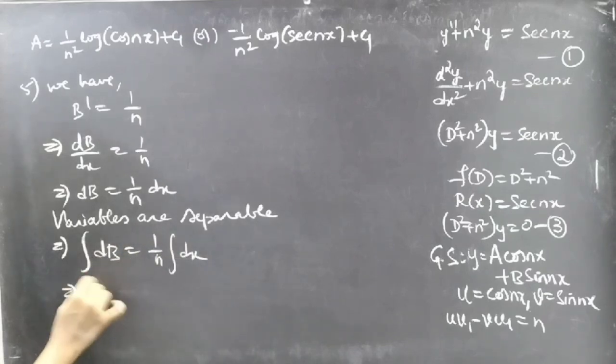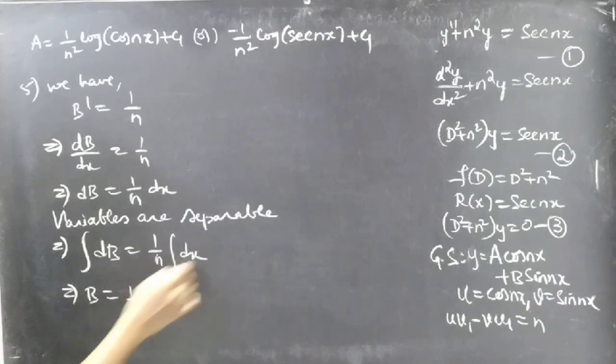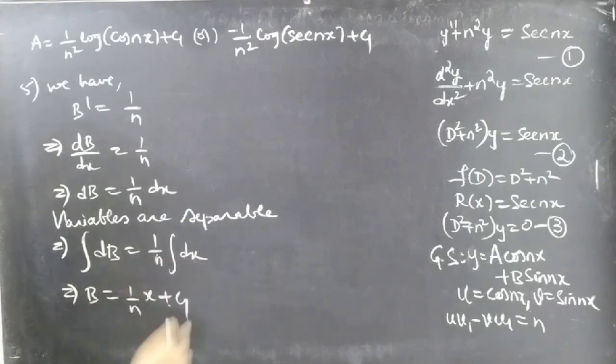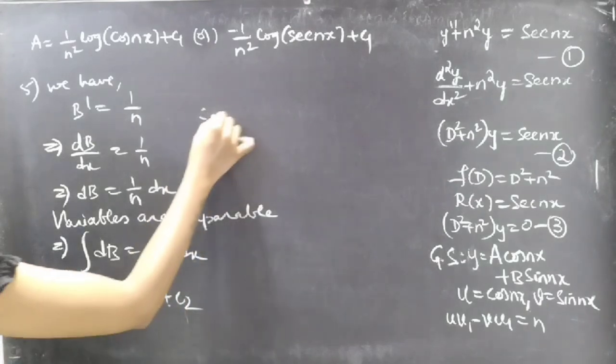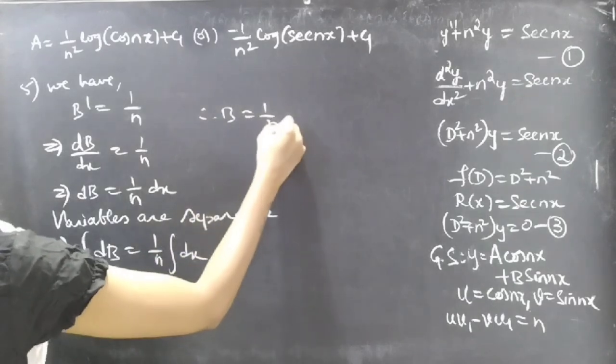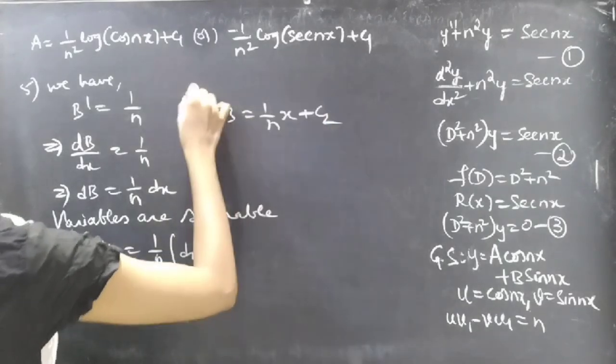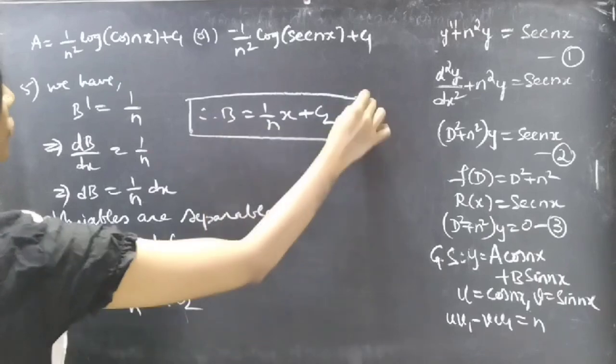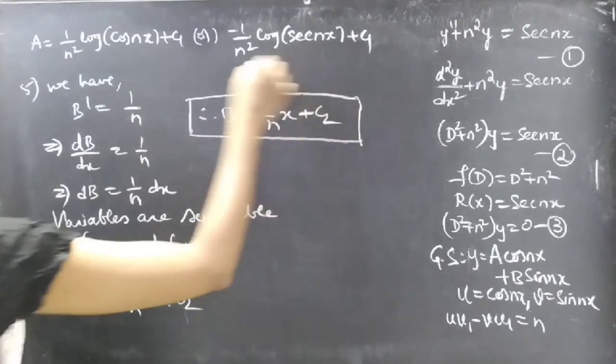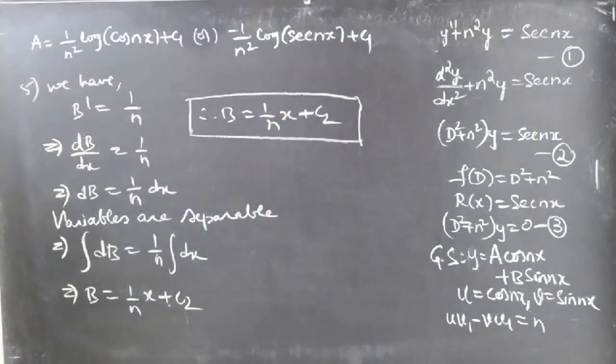This gives us b equal to 1 by n integral dx, which is x, plus an integral constant, say c2. Therefore, b equals 1 by n x plus c2. We got b and a.